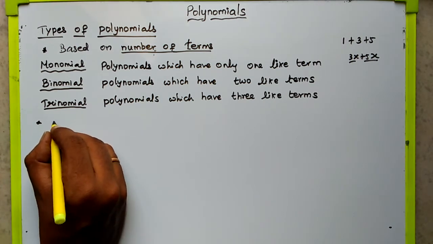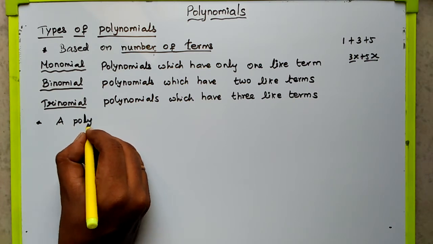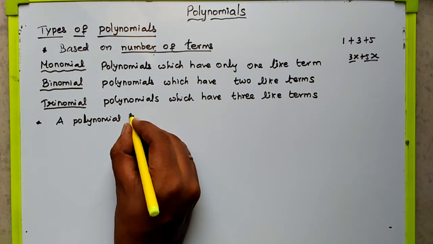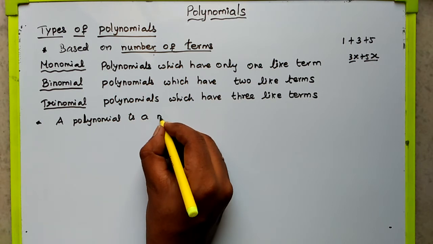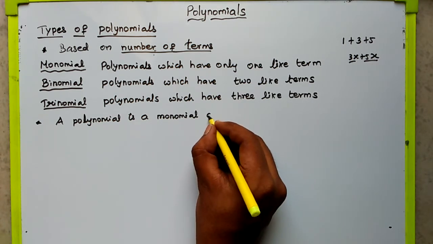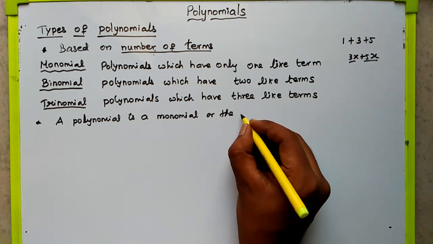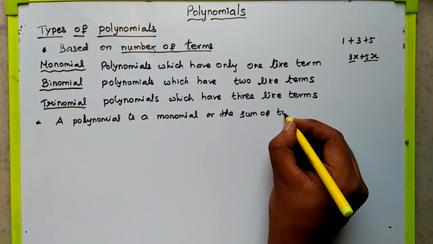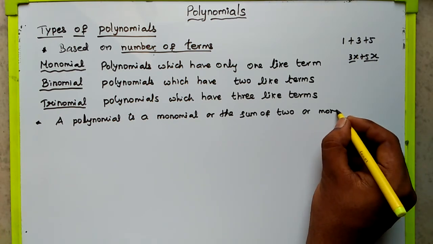Next, the important note: a polynomial is a monomial or the sum of two or more monomials.